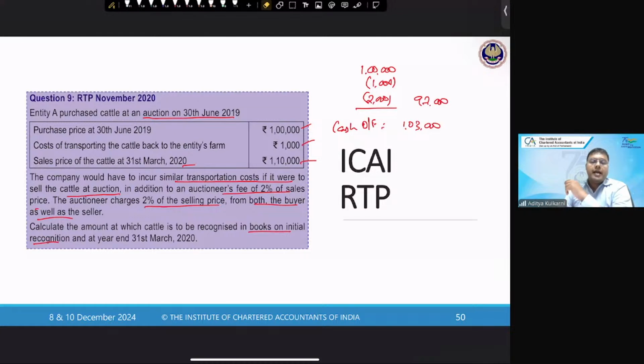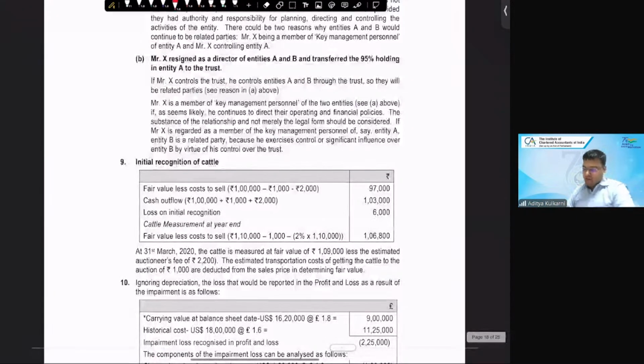So to buy an asset at fair value less cost to sell of 97,000, you have paid 1 lakh 3,000. Therefore, loss on initial recognition is how much? 6,000. Okay. So 97,000 against 1 lakh 3,000, resulting in 6,000.